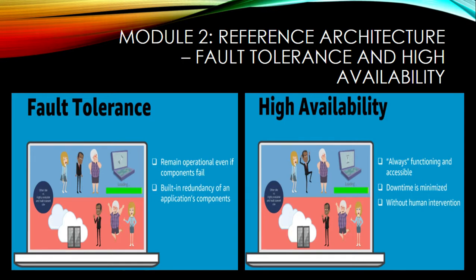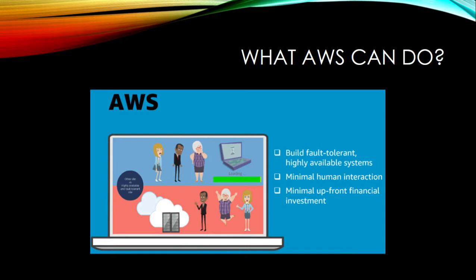AWS is unique because users can build these systems with minimal human interaction and upfront financial investment, and it's all customizable to your needs. So this is what AWS can do: build fault-tolerant, highly available systems, minimize human interaction, and reduce upfront financial investment.